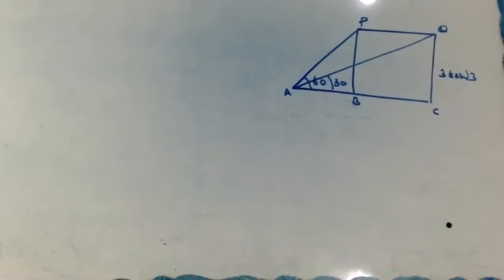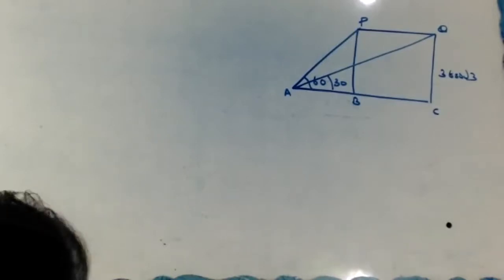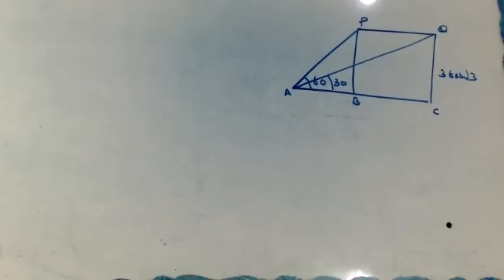The flight keeps a constant height of 3600 root 3 meters. Then find the speed of the aircraft. In order to find the speed, we have to calculate the distance traveled by the aircraft in 30 seconds. In the figure, that is PQ. So instead of PQ, we are going to calculate BC. After getting BC, just divide by 30.